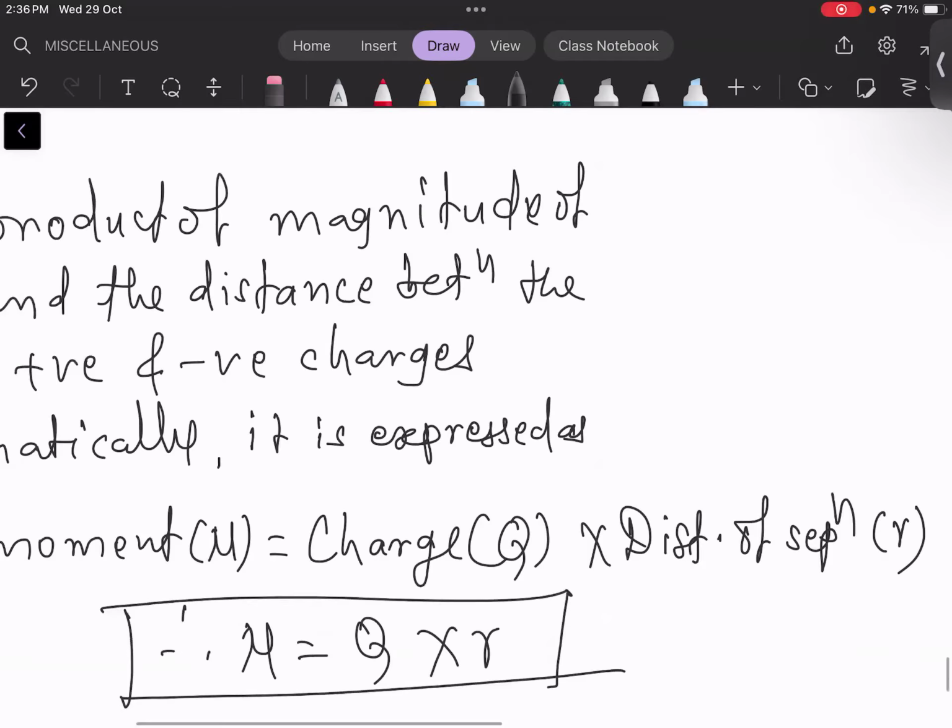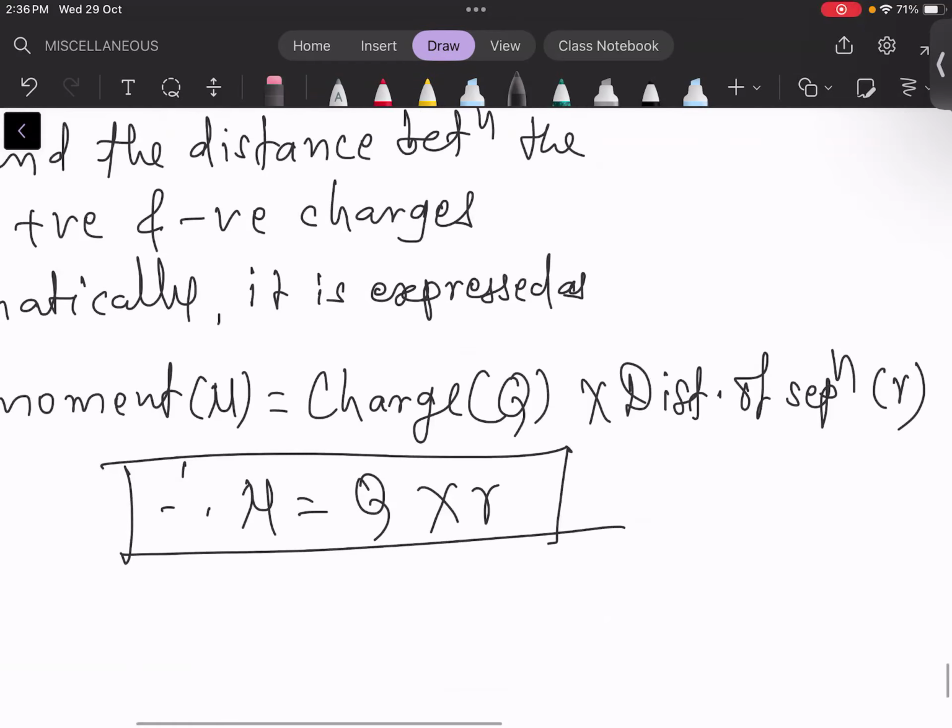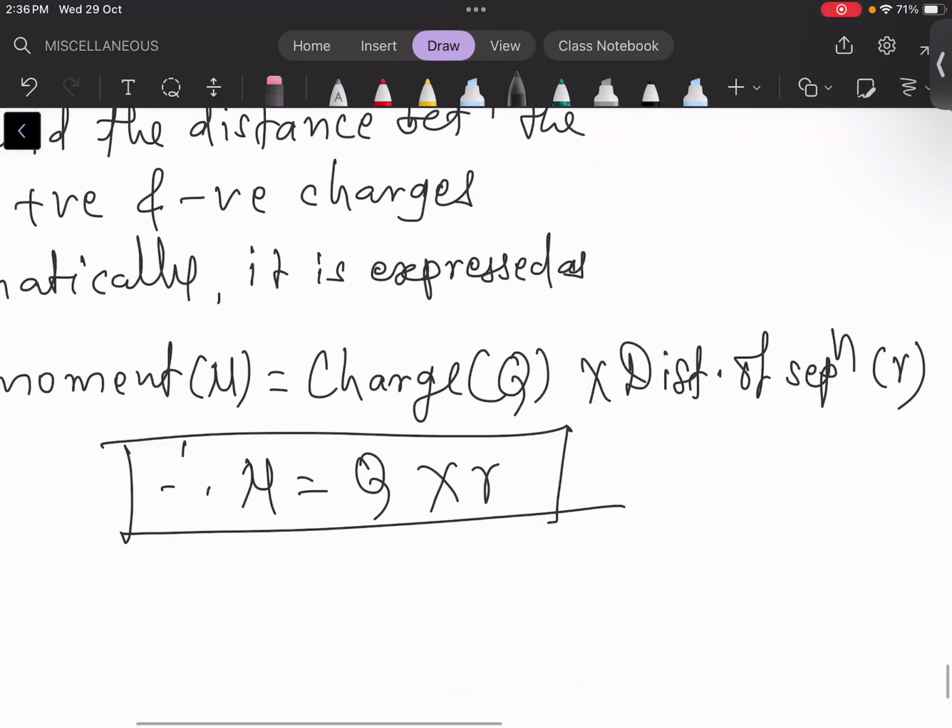Dipole moment is usually expressed in Debye unit.